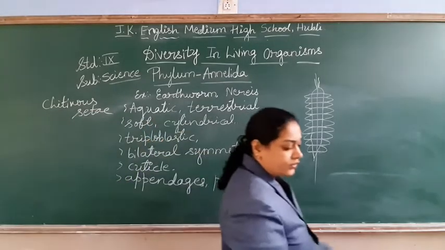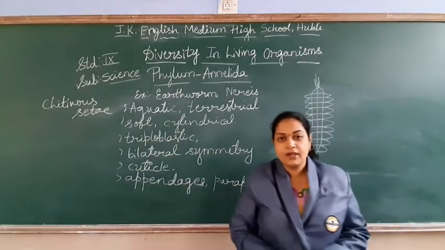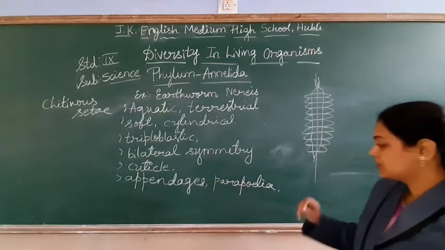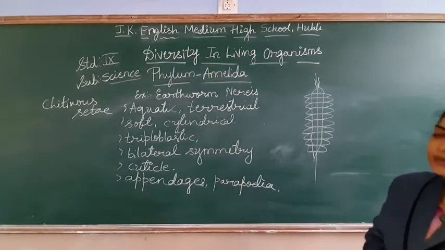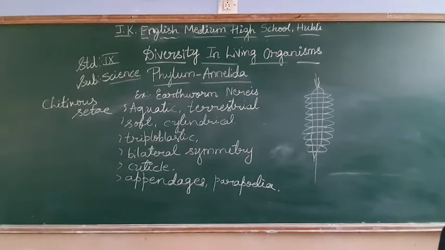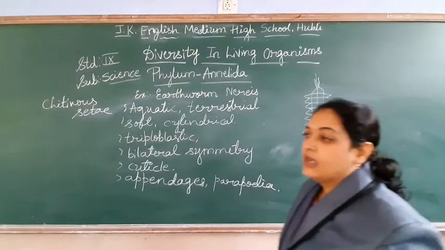So there are different locomotory organs in different members of the Annelida. It may be appendages, parapodia, or chitinous setae. Right, students?